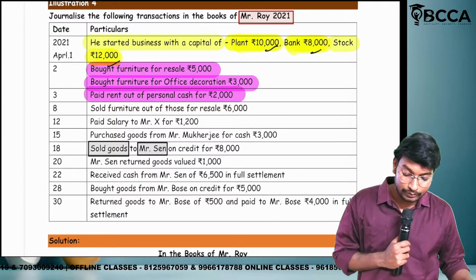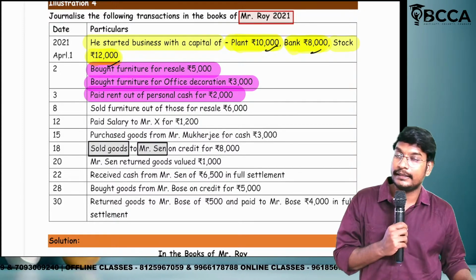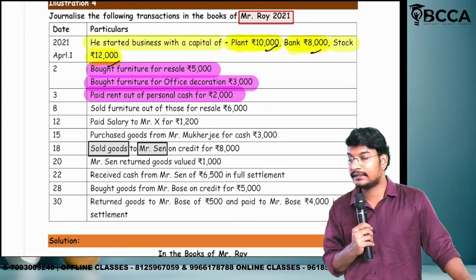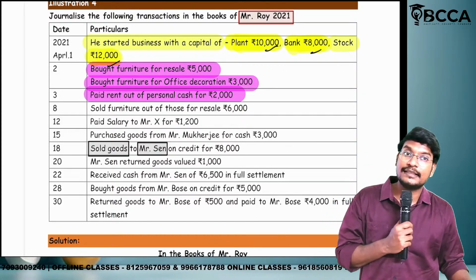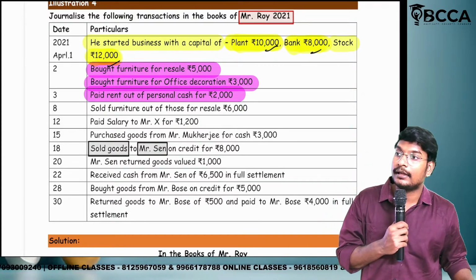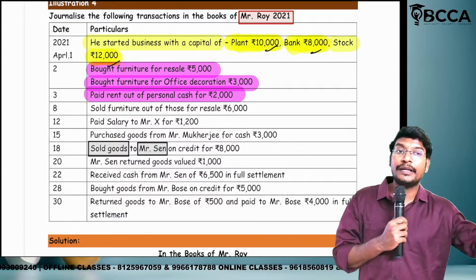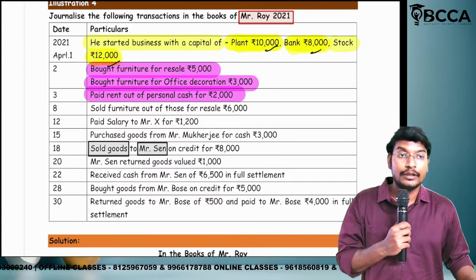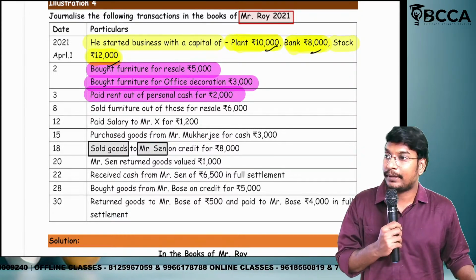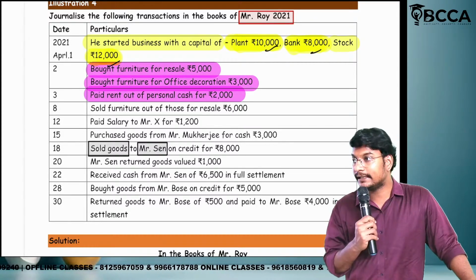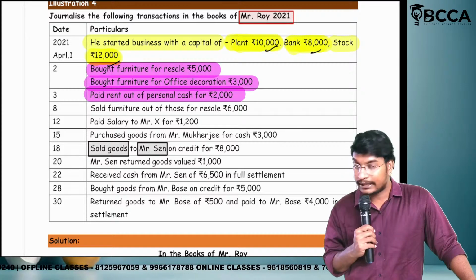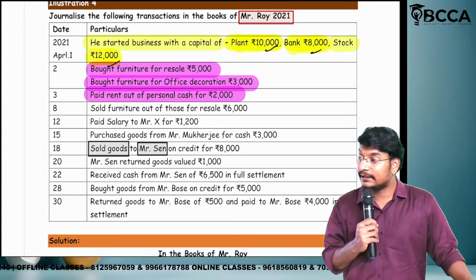Now rent is an expenditure, so debit balance increases, debit. But here the business cash does not go out; the owner paid. Instead of owner, we use the name called capital. Again the liability increases. So capital, liability, credit balance increases, credit.